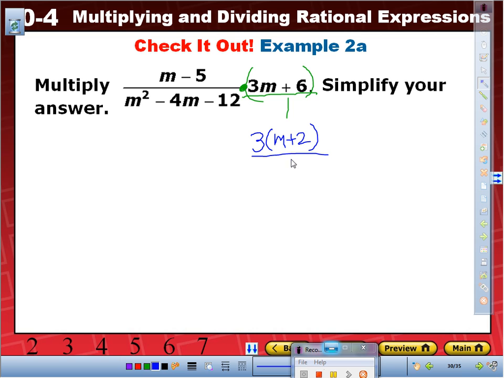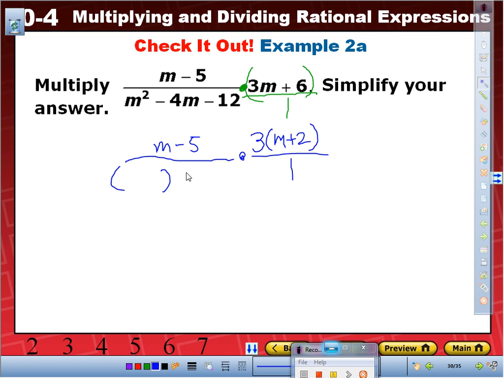Over 1. Can I do anything else with it? No. Okay. Let me go to this one. Let's see. Is this in standard form? Yeah. So therefore, is there anything I can do with it? No, so I just leave it as m minus 5 over, however, can I factor this one?